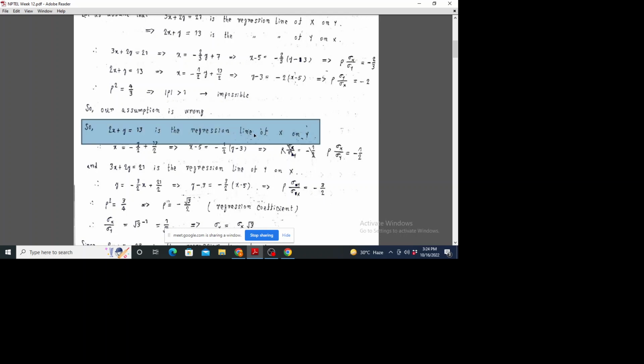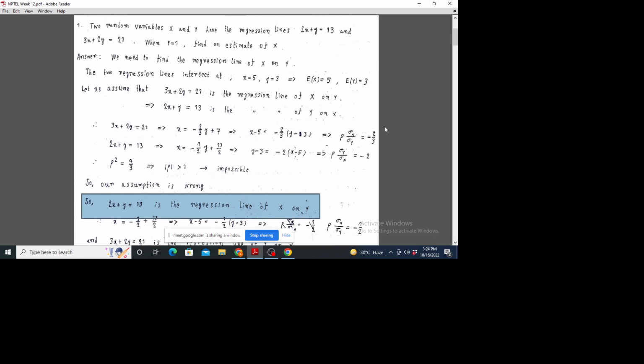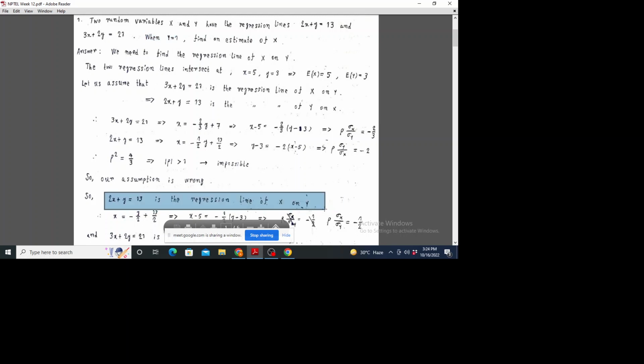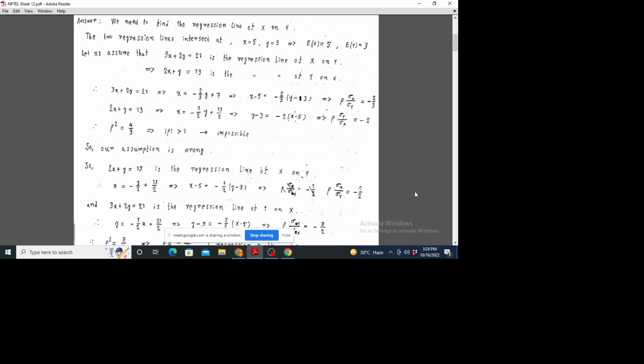By this time we have already found the regression line of x on y, which is needed to find an estimate of x when the value of y is given. So let us substitute y equal to 1 in this equation, the regression line of x on y, and whichever value of x you get will give you an estimate of x when you know the value of y. Hence this final statement.